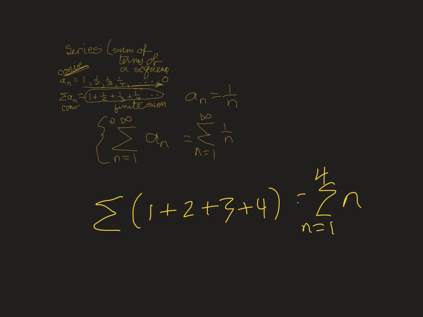So when n is 1, you get 1, and when n is 2, you add 2, and when n is 3, you add 3, and when n is 4, you add 4.